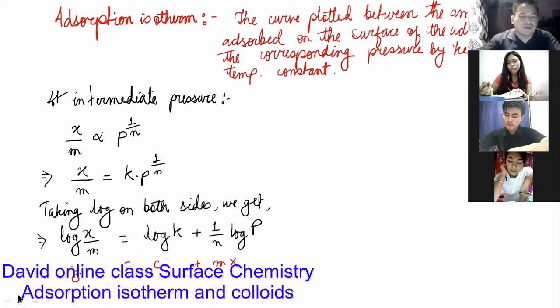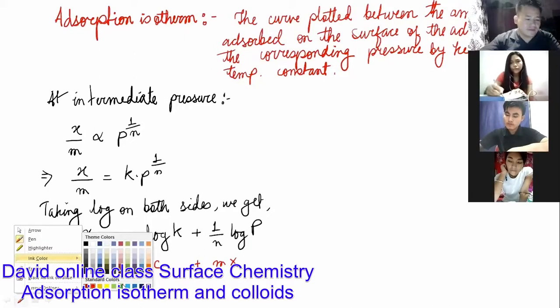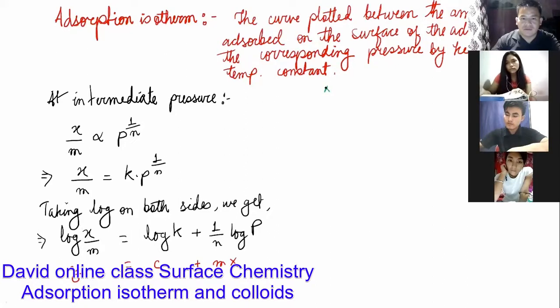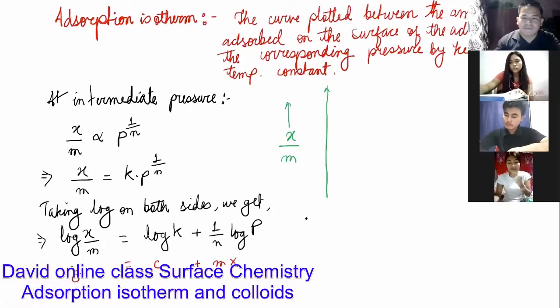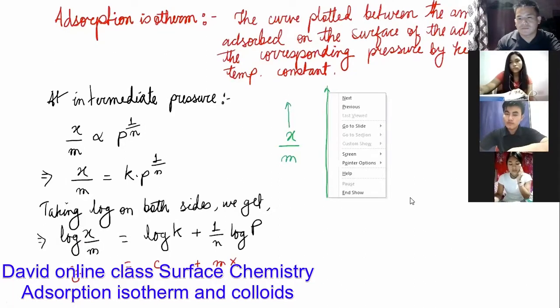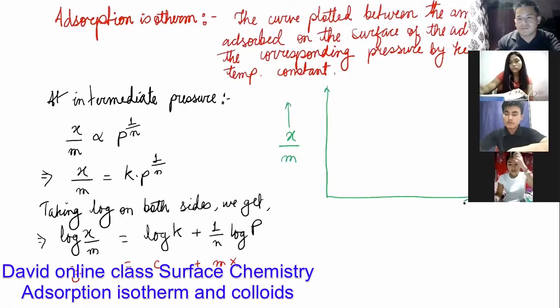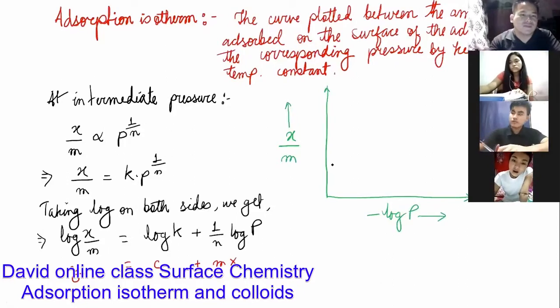Now I'm going to draw the graph of this expression. This graph is going to have x by m on the y-axis, and on the x-axis we get pressure, log P. Pressure versus extent of adsorption at constant temperature: adsorption isotherm.